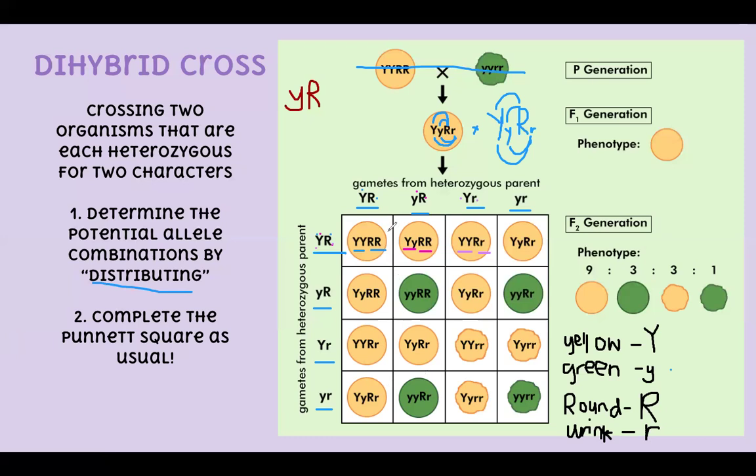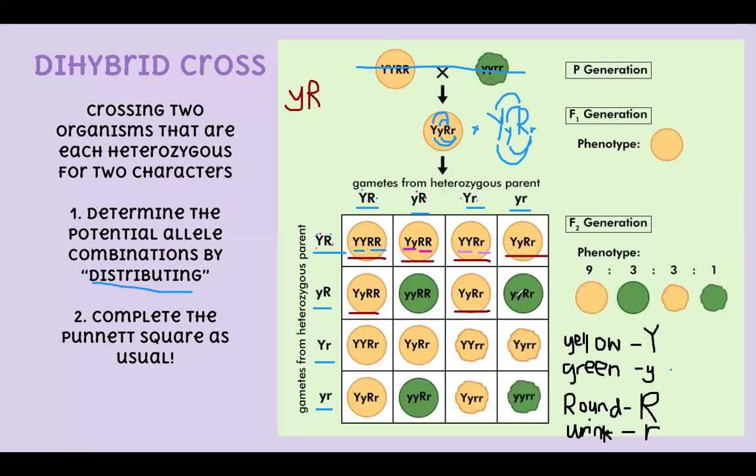So let's look at this first pea. This has big Y, so it would be yellow, and big R, so it would be round. So this one here would fit my phenotype of yellow round peas. This one would also be yellow and round. So would this one, so would this one, so would this one. This one would not.